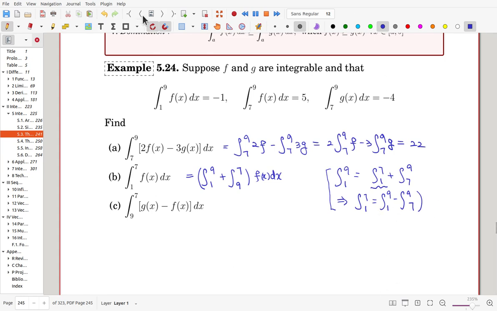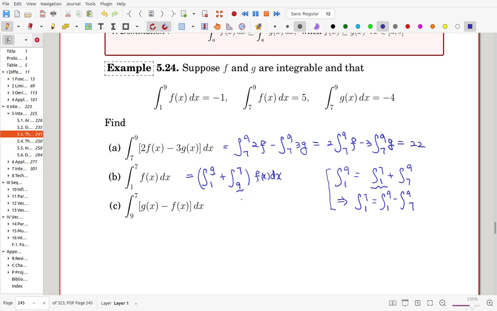Okay. Changing the order, we can say that is 1 to 9 and 9 to 7 addition. So you may think of it as the integral going over the whole range from 1 to 9, then back from 9 to 7, so eventually it's the same as the integral from 1 to 7.